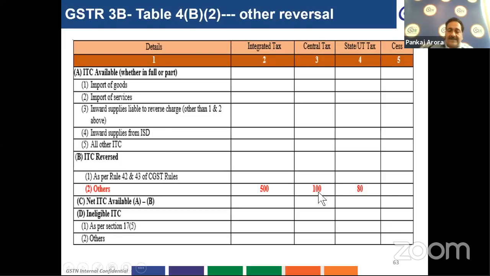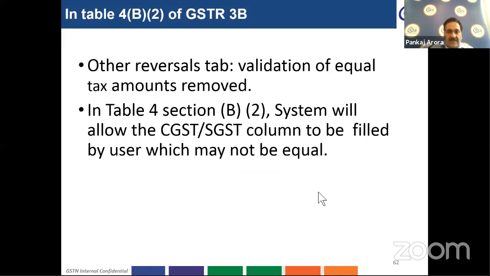Now that validation, which provided for equal tax amounts, has been removed. So now the taxpayer can enter different CGST and SGST amounts in table 4B 2 column, if it is required to enter different amounts.